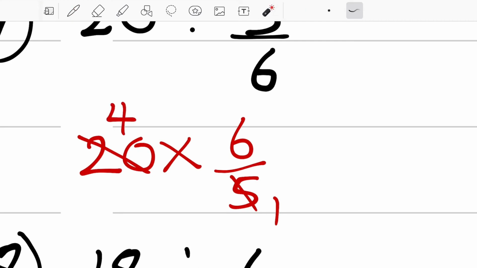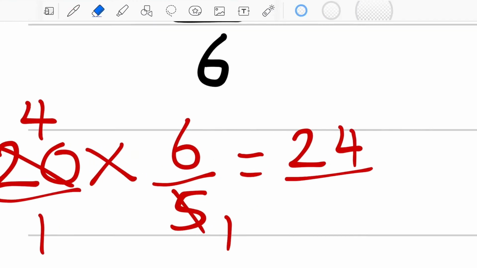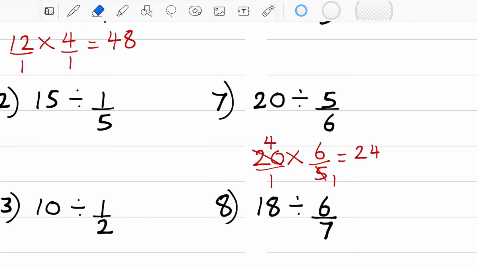So we cannot reduce further. So we say 4 times 6 is 24. And 24 over 1 is still 24. So this here would have been 20 over 1. And 1 times 1 is 1. Sorry, 24 over 1 is still 24.